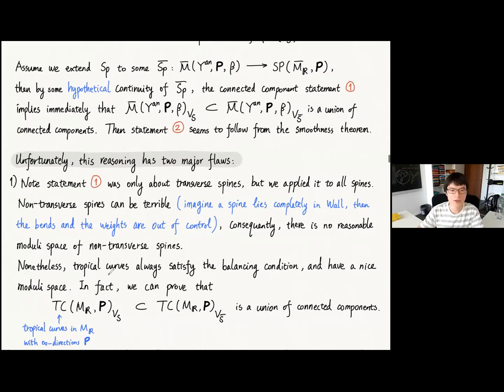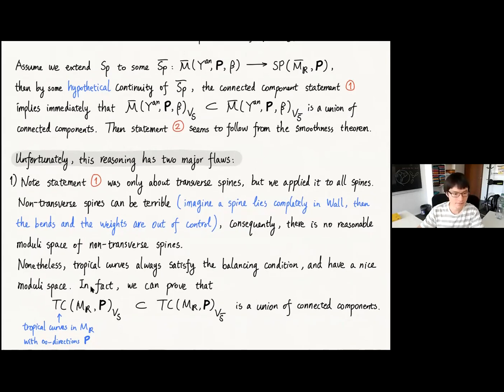So nonetheless, tropical curves always satisfy the balancing condition and have a nice moduli space.